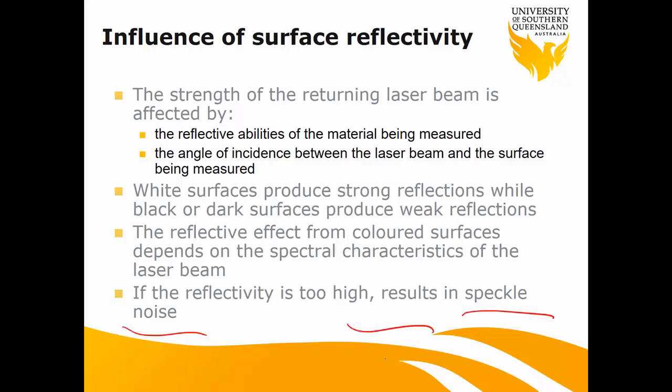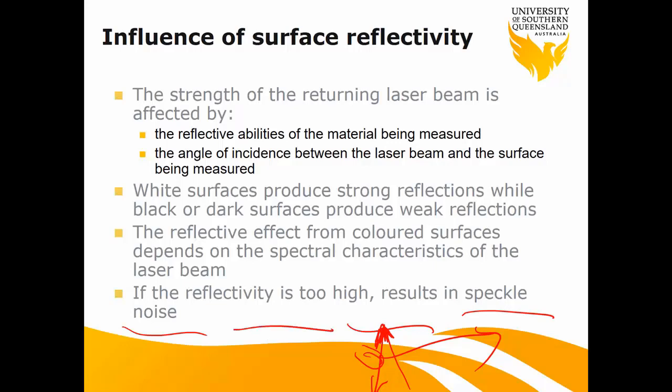Because if this is a mirror, the laser comes here and it will reflect 100% of the laser beam to another object, for example. If this one is an object, then it will reflect this way. So probably you cannot get any return, or maybe some, but not directly from the object surface.